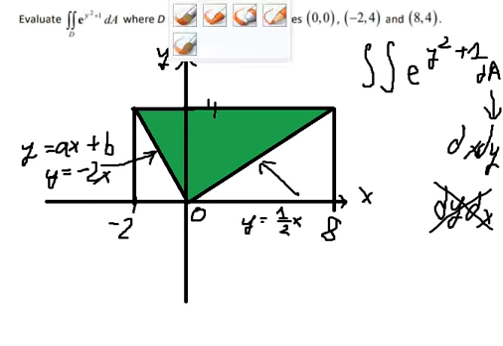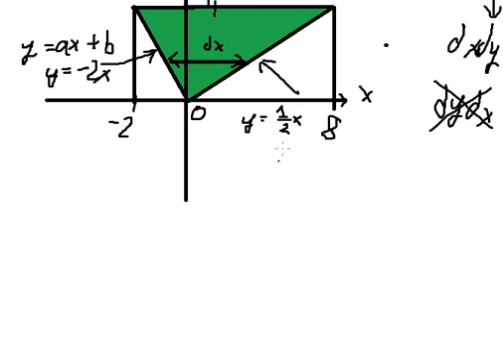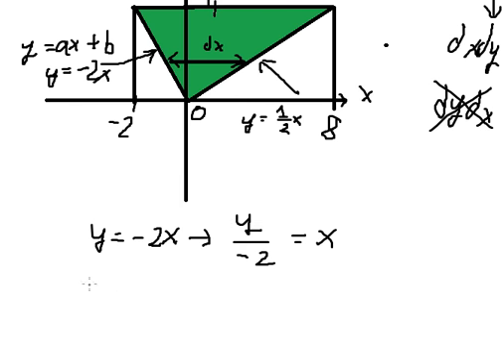Now the next step, we need to find the bounds of x. So we see that we have y equals negative 2x, so we can find x, we divide both sides by negative 2. And the second one, we have y equals 1 over 2x.